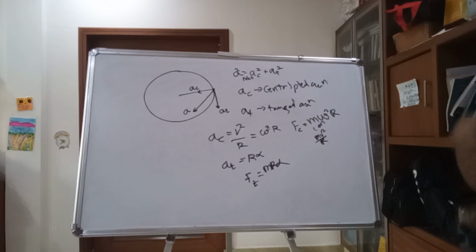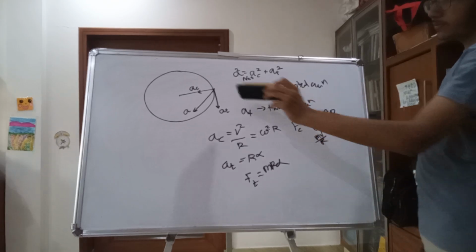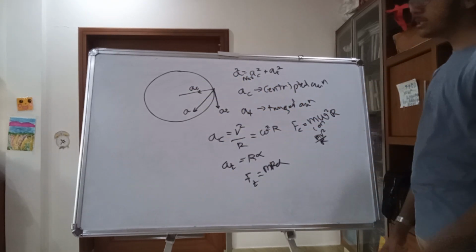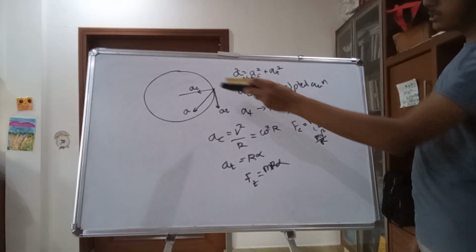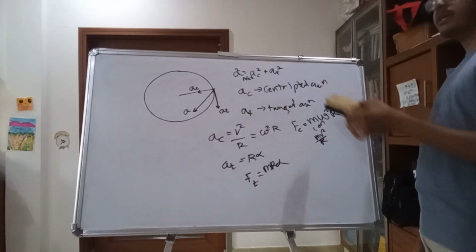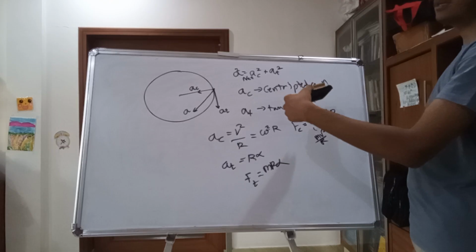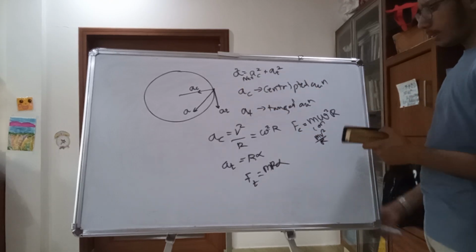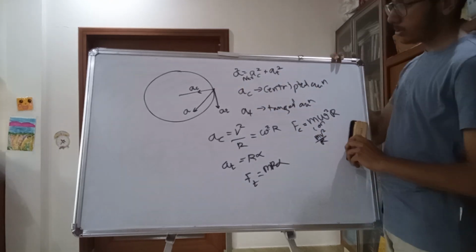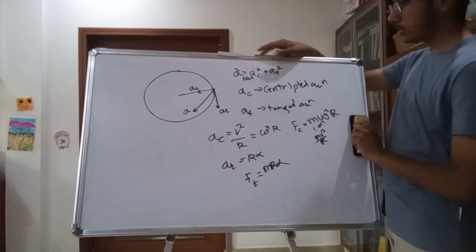If centripetal force is acting towards the center of the circle, this is going to act in the opposite direction, making a 180-degree angle with the centripetal. Hope you are clear. We'll just erase this.